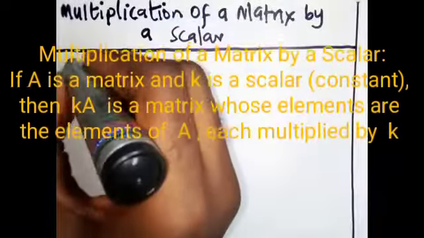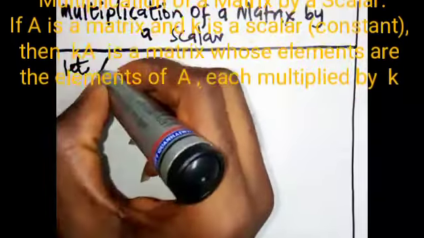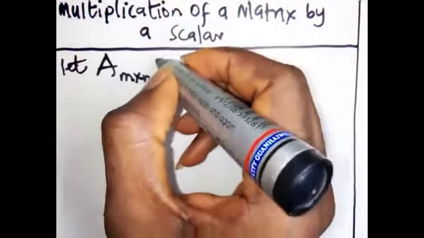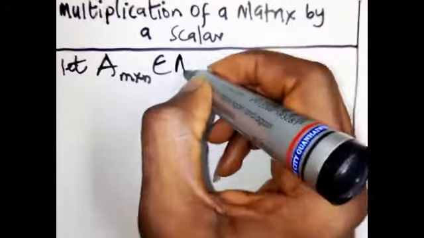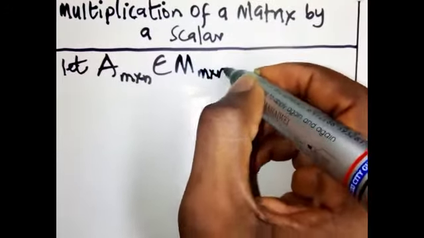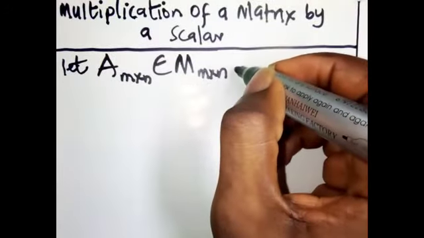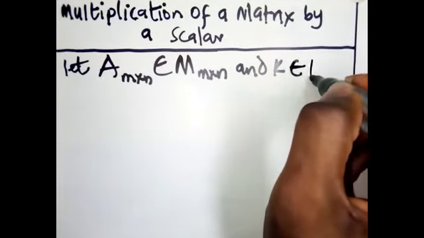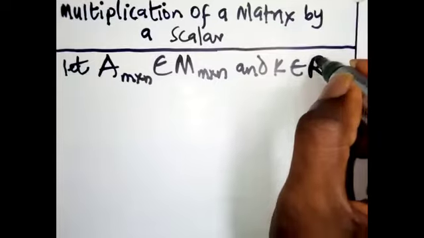Now, let matrix A, whose dimension is given as this, where K is an element of the real numbers.